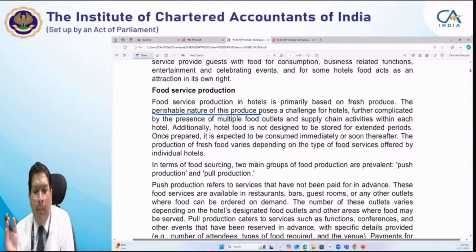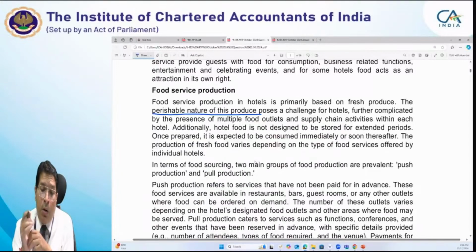Further complicated by presence of multiple food outlets and supply chain activities within each hotel. Additionally, hotel food is not designed to be stored for extended periods. Once prepared, it is expected to be consumed immediately or soon thereafter. It means it should be consumed immediately.